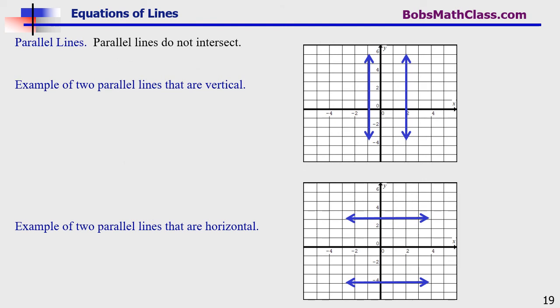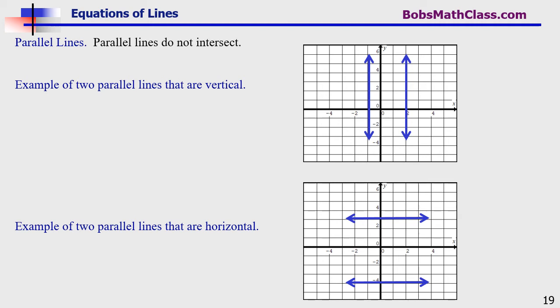Okay, we've been talking about parallel lines and perpendicular lines, and we've been talking about horizontal lines and vertical lines. Now we're going to put those two concepts together. So here's two parallel lines. The top diagram has two parallel lines that are vertical lines.